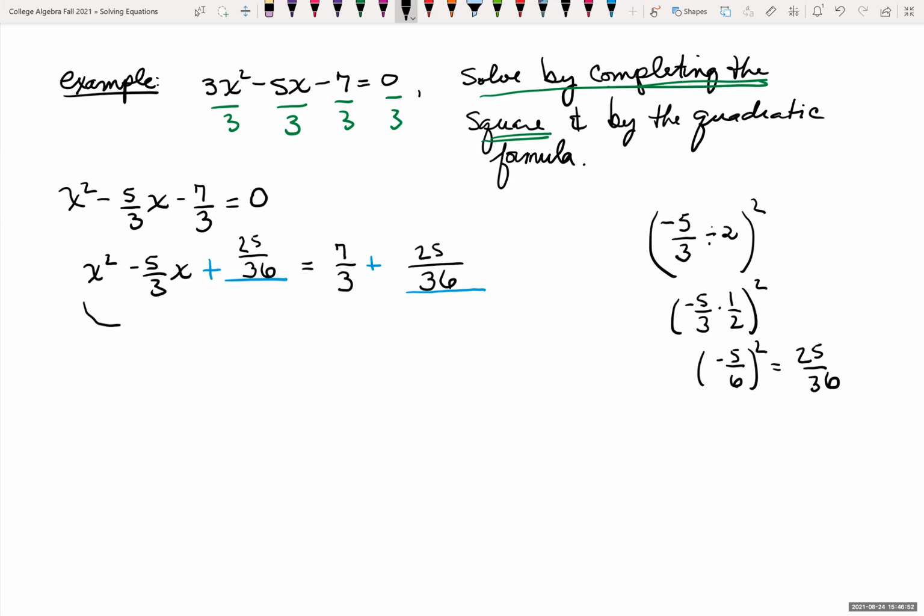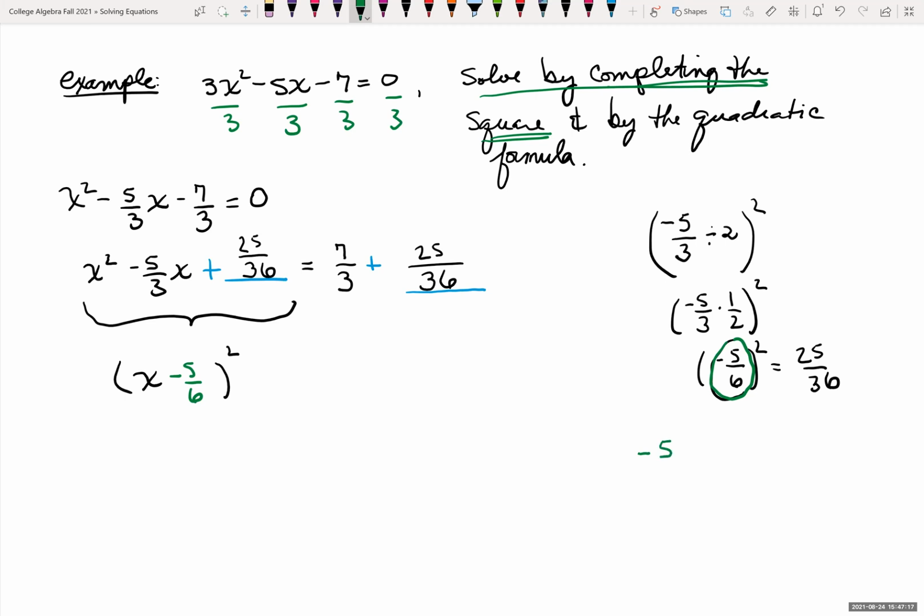So one side should now be a perfect square, and it's always this right before we square it. So it's going to be x minus 5/6. And we can always check.